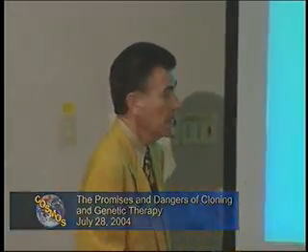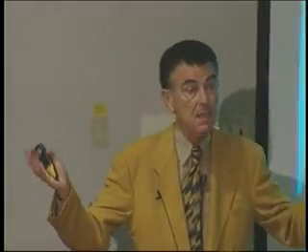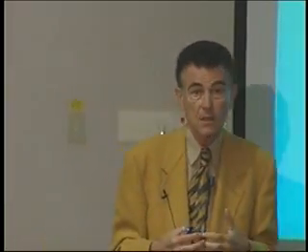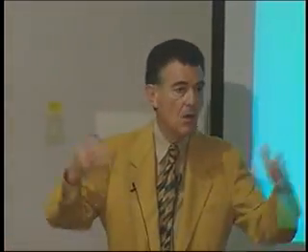Now, cloning in plants is easy, in many plants, not all plants. This plant is called technically Potentilla glandulosa. The common name is cinquefoil, and it grows all over California from the foothills all the way up to tree line.